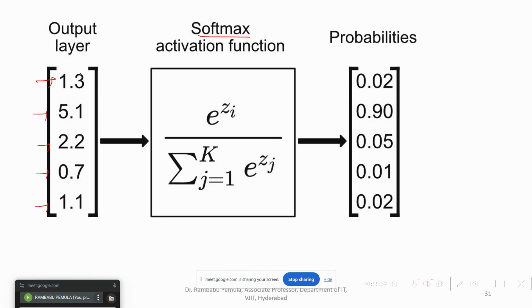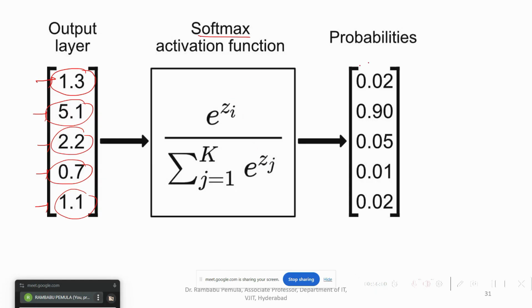Now for example, here in the output layer we have 1.3, 5.1, 2.2, 0.7 and 1.1. For each and every input value you have to predict the corresponding probability. So what is the formula for this? e power zi by sigma of j equal to 1 to n of e power zj.